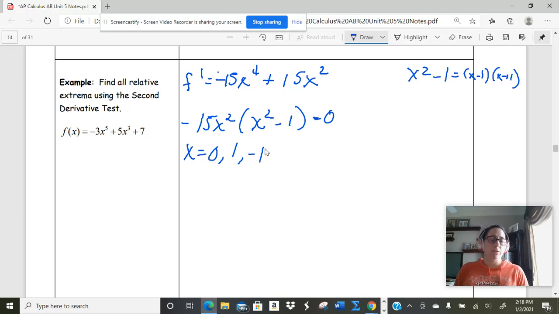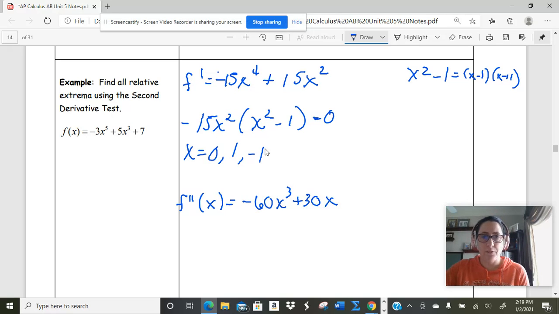So I have my critical numbers, and critical numbers are from your first derivative. But instead of making that number line how we did before, it says, hey, go find the second derivative. So my second derivative now is right here. Then it says, go plug those numbers into your second derivative.